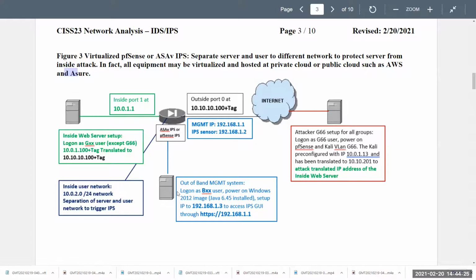And for the management box, it will be going through a separate network interface coming in and access the database that's being stored in the security appliances here. And so outside attack has always been inspected or protected from.